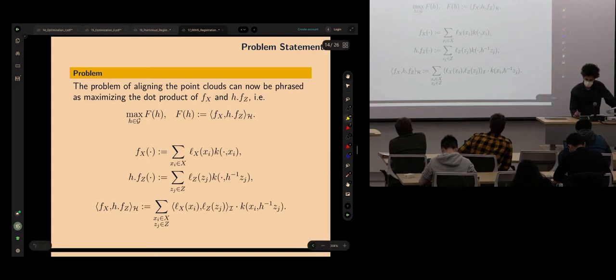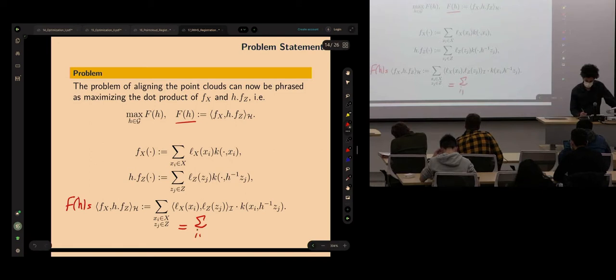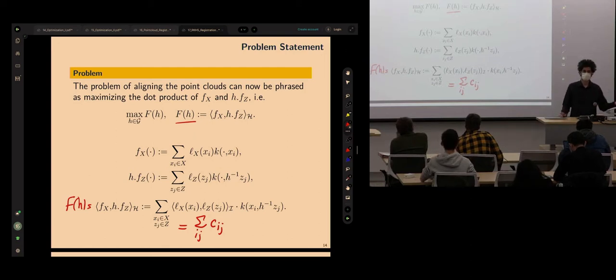So the objective function f of h is this. Some constant Cij, these are dot products of every color in the X cloud with every other color in the J cloud. However, if the kernel gives you 0, then you don't need that in the sum.